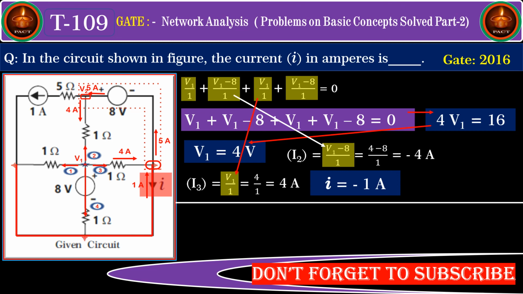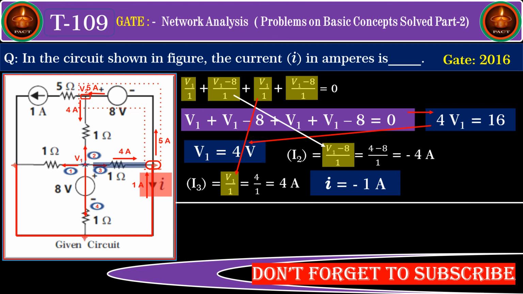So, what branches are connected to this supernode, we shall see. This branch is connected, the current of 1 ampere is flowing away, therefore it is plus 1. This branch is connected, current flowing through that is 4 amperes away from the supernode, so this also is positive.